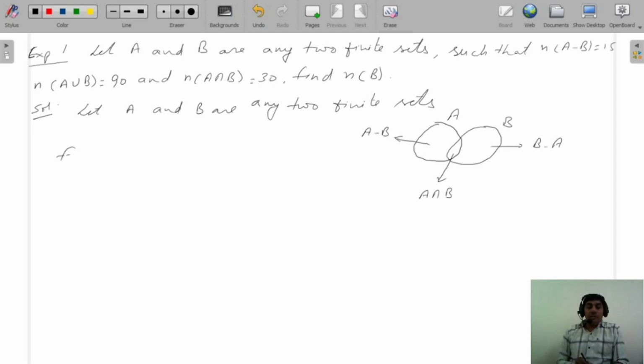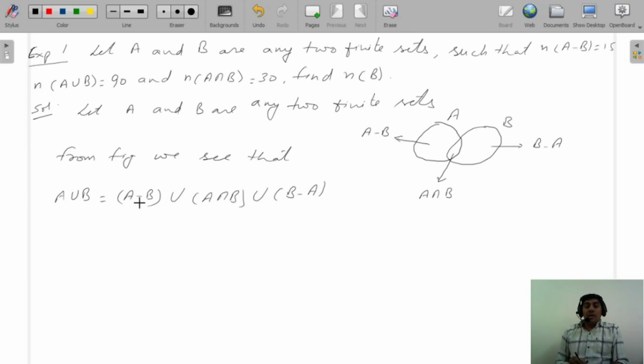From figure, we see that A union B is equal to A minus B union A intersection B union B minus A. A minus B, A intersection B and B minus A all are three disjoint sets.